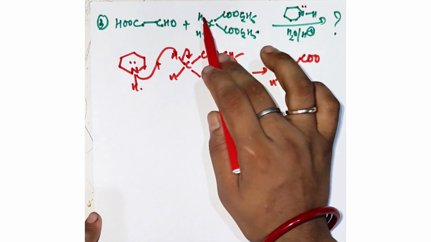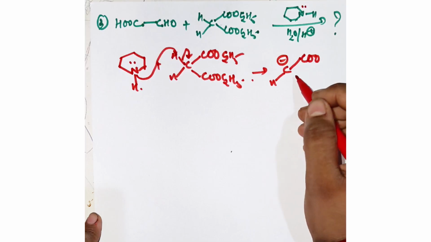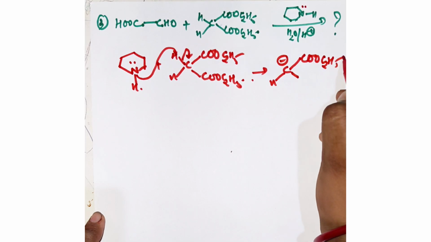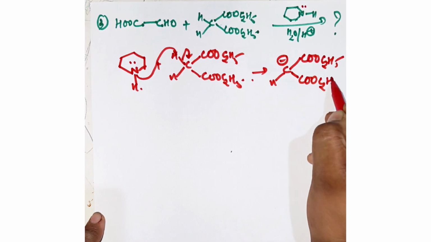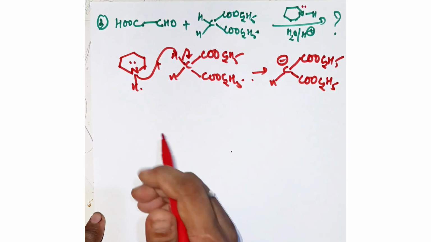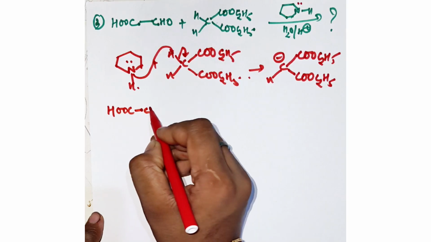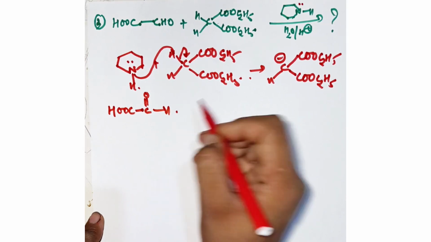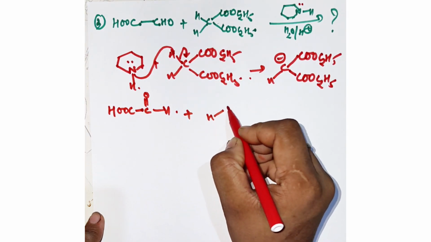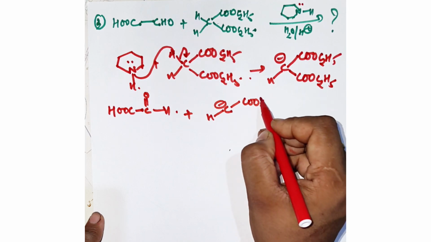If base is given to you, there will always be formation of a carbanion intermediate, with the removal of a hydrogen ion. So remember that here, in the formation of active methylene compounds, the carbanion is formed as the reaction intermediate, then that carbanion is going to react with the reagent given to you. See, this is an acid, here it is carbon, this is an aldehyde also. Okay, so don't be scared by looking at the molecule, just follow the steps of the mechanism and you can solve anything.